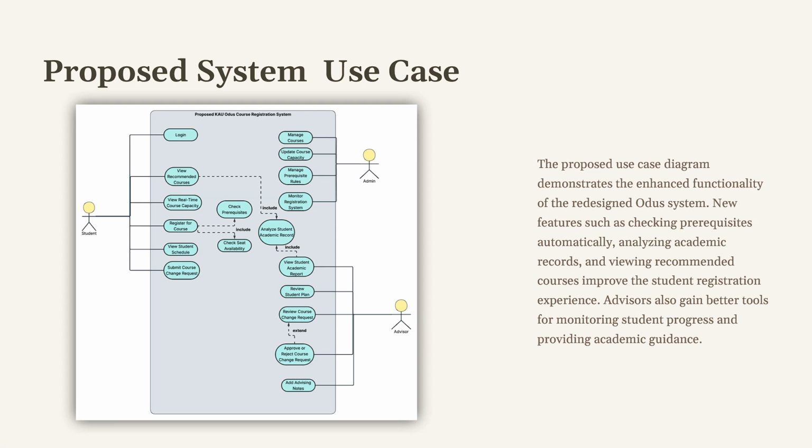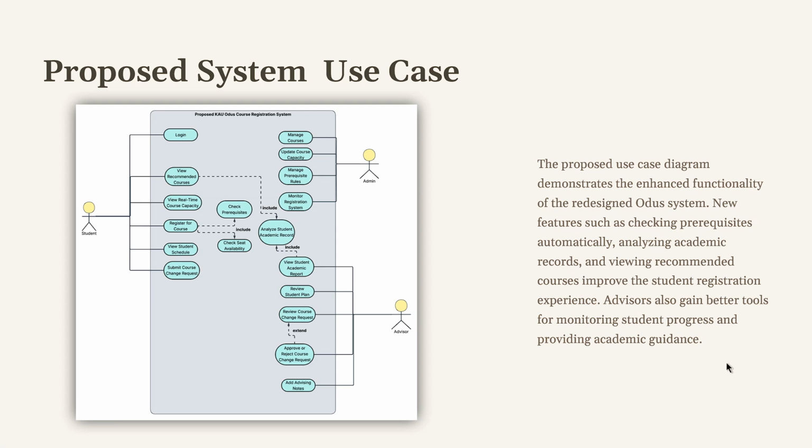The advisor can view student academic reports, view student plans, and add advising notes. Lastly, the admin. The admin can manage courses, update course capacity, manage prerequisite rules, and monitor the system. Overall, the proposed system gives students better support and makes the registration process easier and more reliable.